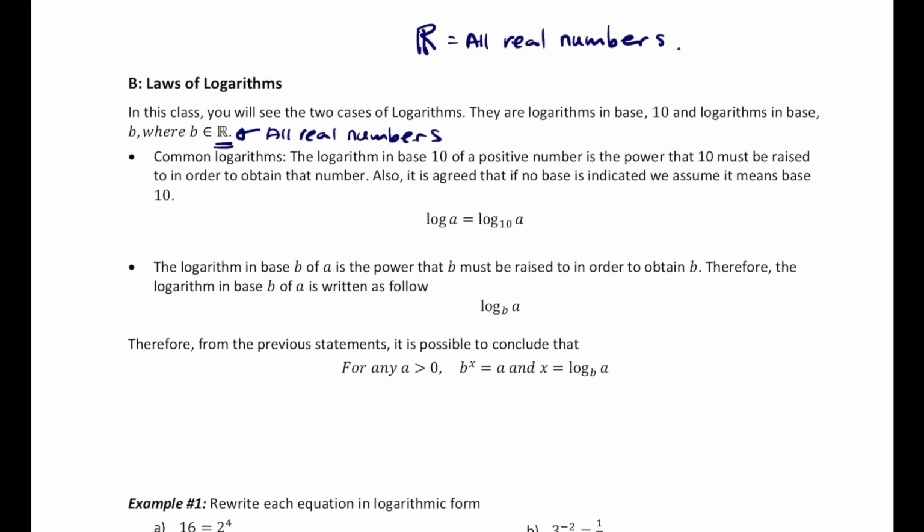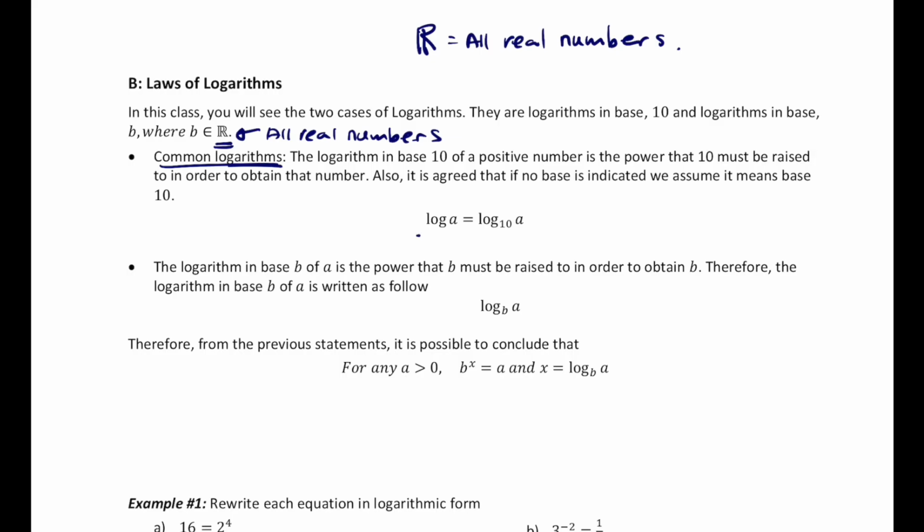And then when the logarithm is in base 10, it is called a common logarithm. The logarithm in base 10 of a positive number is the power that 10 must be raised to in order to obtain that number. Also, it is agreed that if no base is indicated, we assume it means base 10.